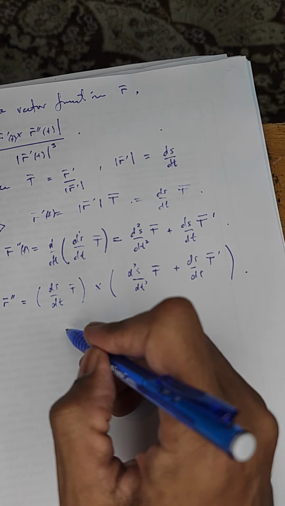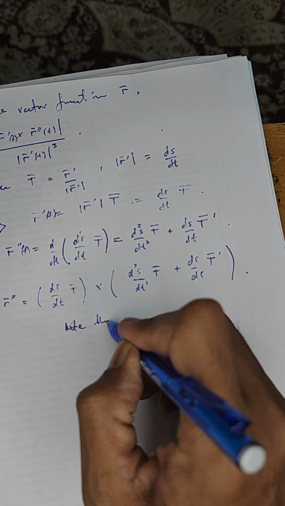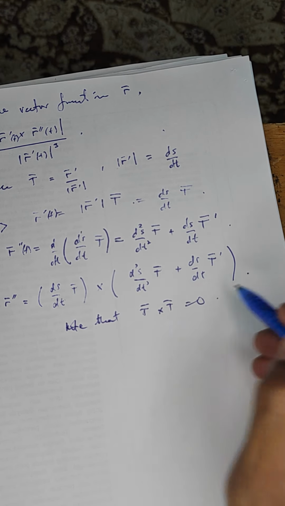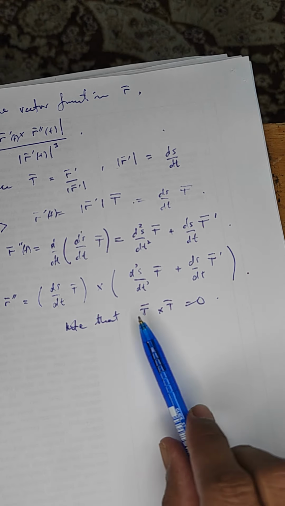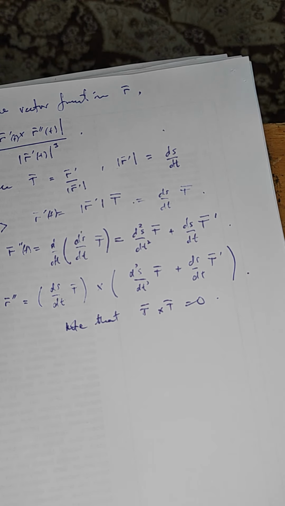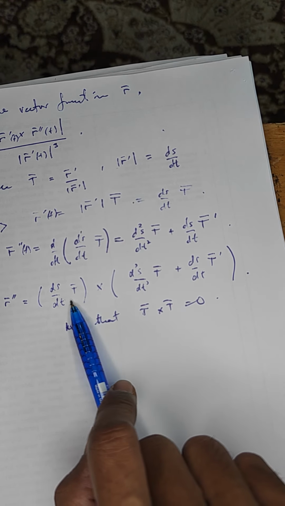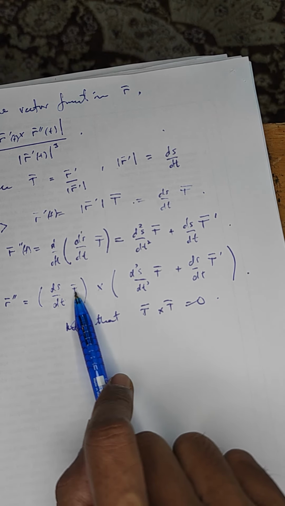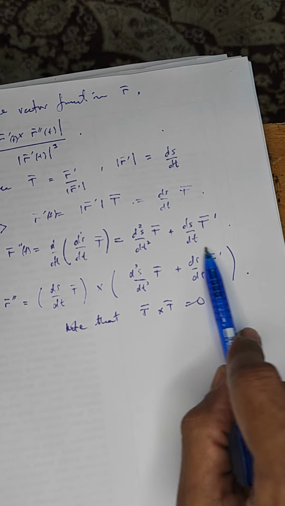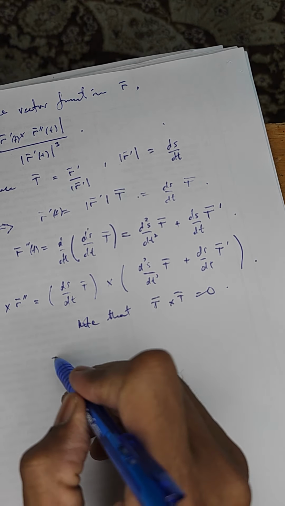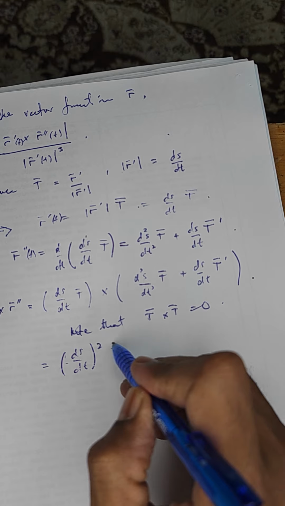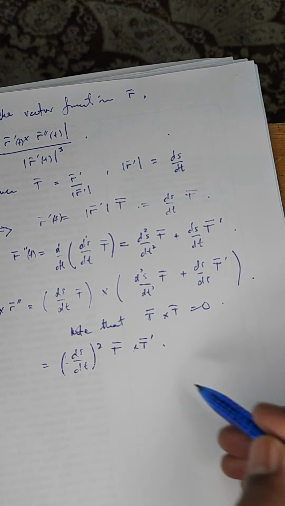And note that of course T cross T gives you 0, because they are parallel vectors, because it's T. So what is left is just the other term. So what we have now is (ds/dt) squared, T cross T'.